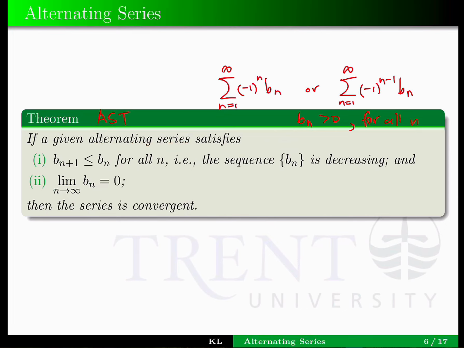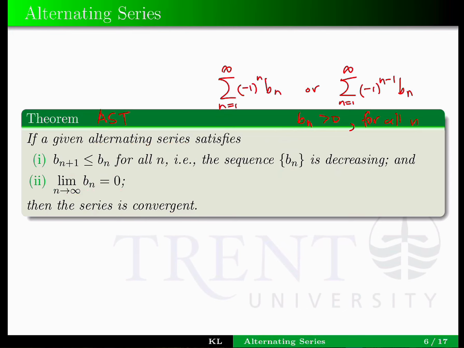If the sequence bn is decreasing, meaning bn plus 1 less than or equal to bn, and the limit of bn as n approaches infinity is equal to 0, then the series is convergent. Very easy to use, but it's limited for alternating series only.